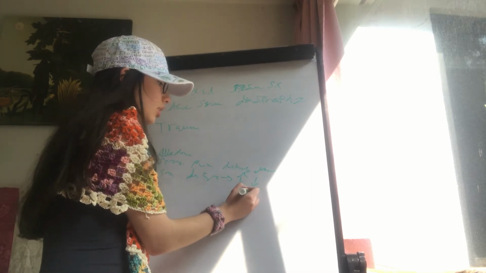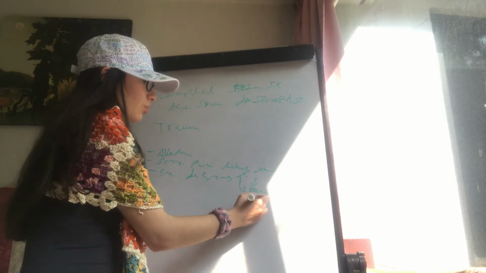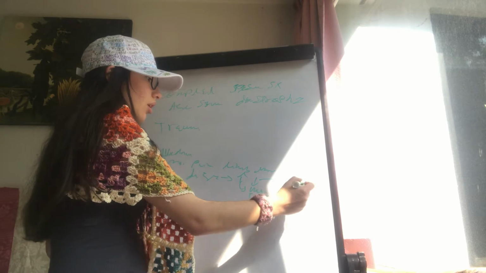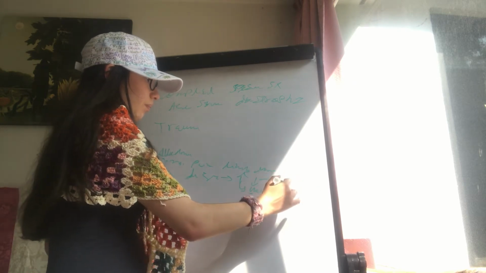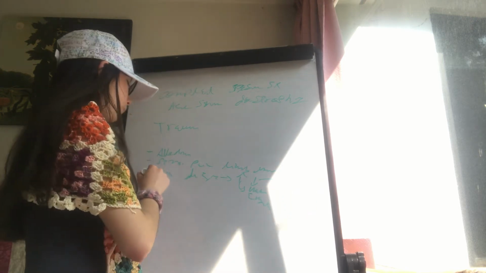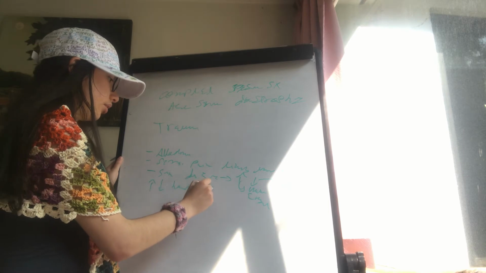If it is increased, there would be warming of the extremity, and it would look erythematous. If it is decreased, it would look cyanotic and with coldness. There could be increased or decreased hair growth and nail growth.